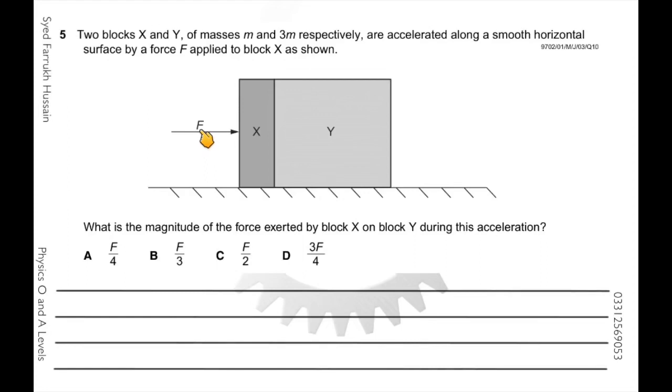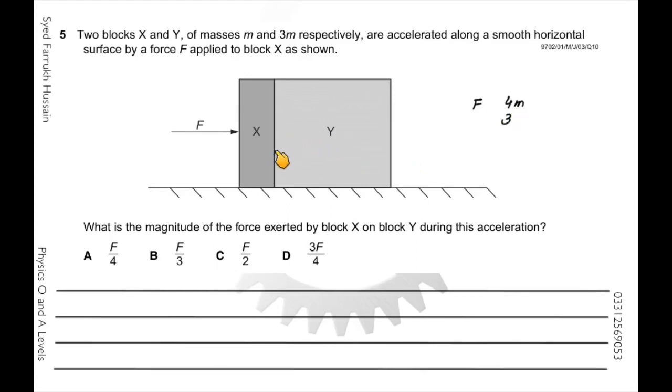In this case, force F is applied on an object of mass 4m. X is of mass m, Y is of mass 3m, so the system is of mass 4m. F is applied on the system, which is of mass 4m.